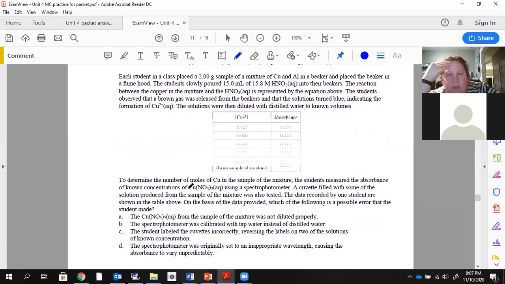To determine the number of moles of copper in the sample, a student measures the absorbance of known concentrations. A cuvette fills some solution. Data recorded. On the basis of the data provided, which of the following is a possible error?